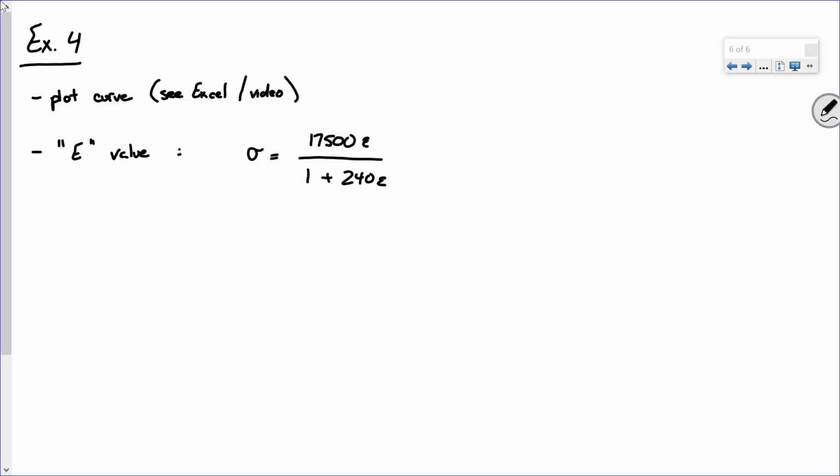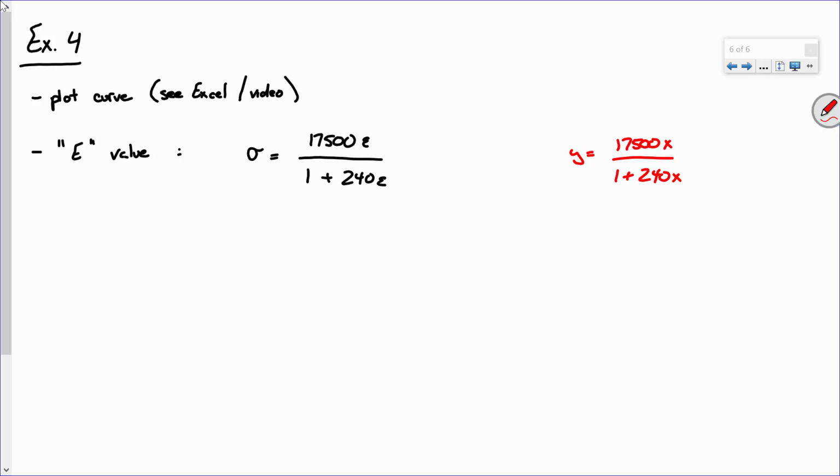Now, if you don't like dealing with the sigmas and epsilons and it's a little confusing and not as familiar, you could think of that like this: y equals 17,500 times x over 1 plus 240 times x. It's the same thing. Remember, strain went on the horizontal axis, stress went on the vertical axis. So this is sort of our y-axis, and this is sort of our x-axis. If you want to think of it like this, you're more than welcome to.